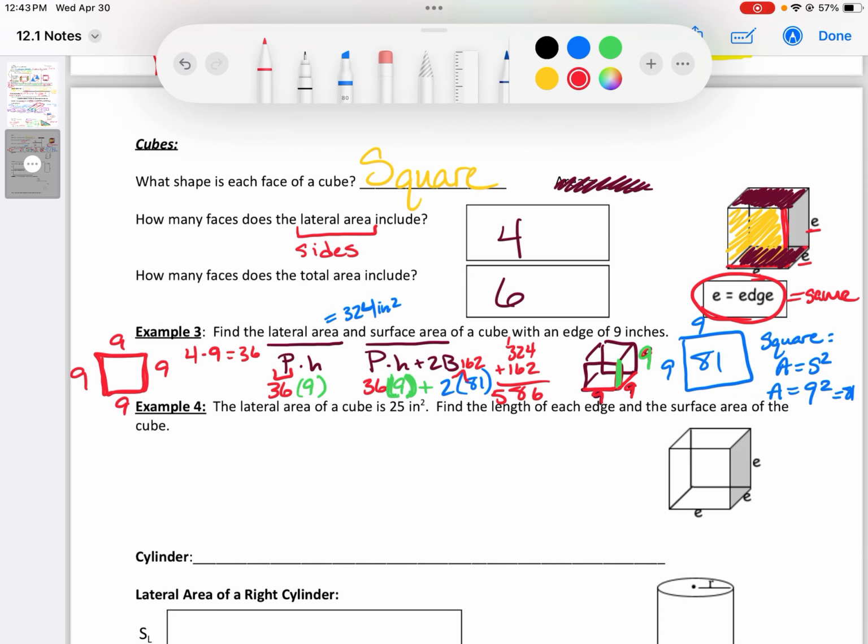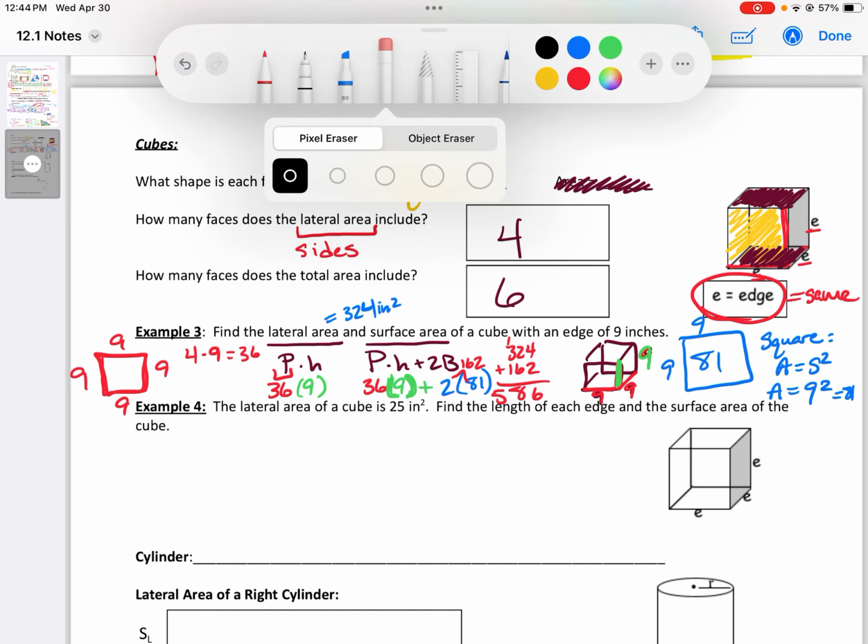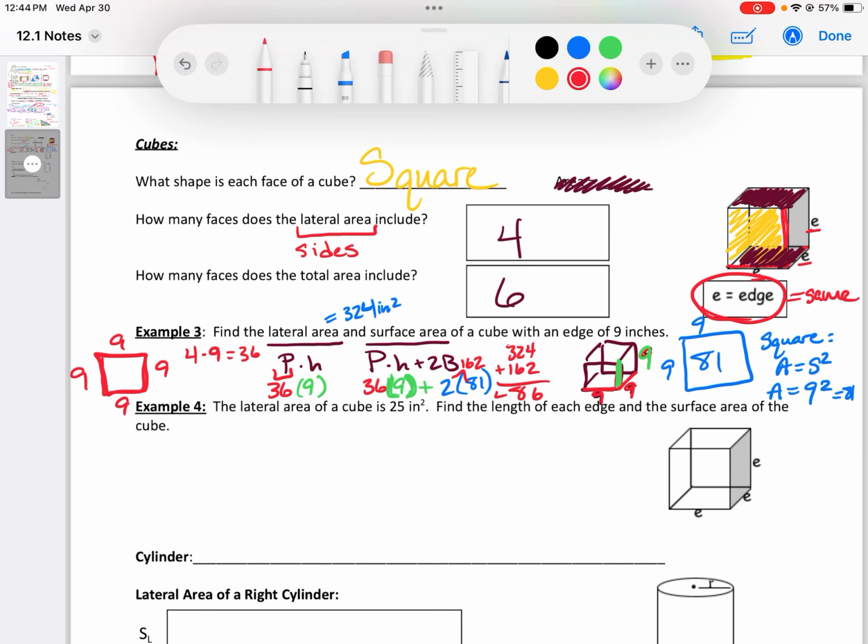Sorry, I'm trying to double check my work on the calculator and I'm not multitasking very well. Yeah, I made an error. I shouldn't have carried a 1 right there. Sorry. Quick error. 486. Our units are inches, and that is squared. 486 inches squared. So there's our two answers for that.